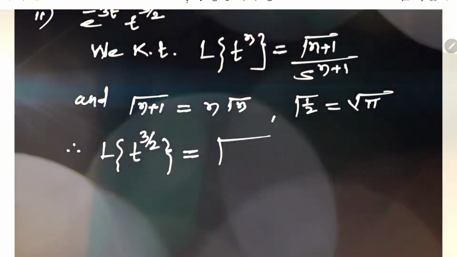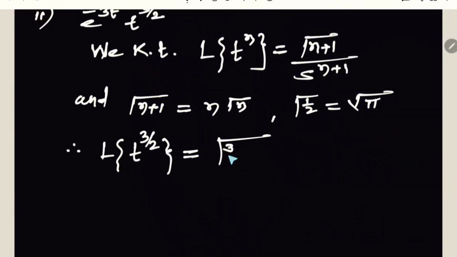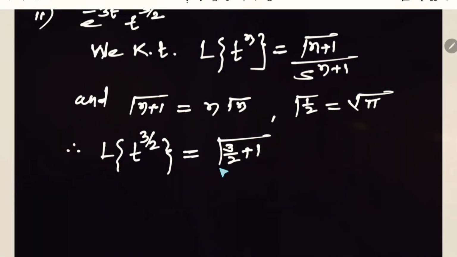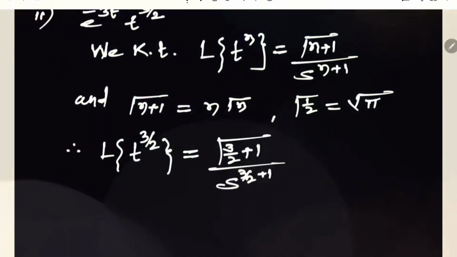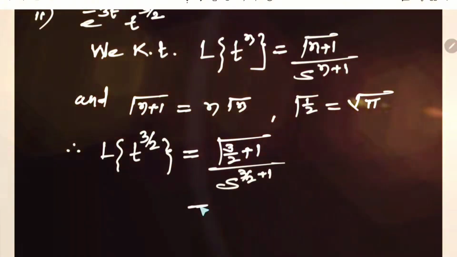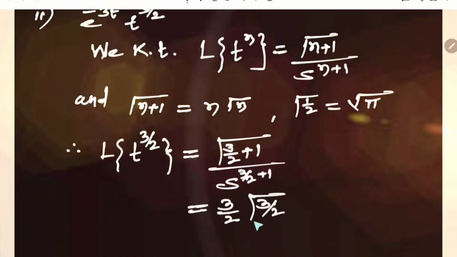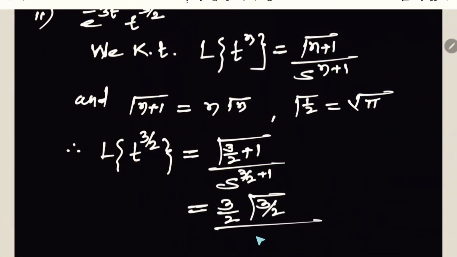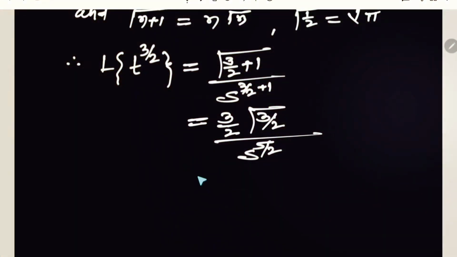by the above result, as gamma 3 by 2 plus 1 divided by s raised to 3 by 2 plus 1. Gamma n plus 1 is n gamma n, therefore it is 3 by 2 into gamma 3 by 2 and whole divided by s raised to 5 by 2. 3 by 2 plus 1 we get 5 by 2.